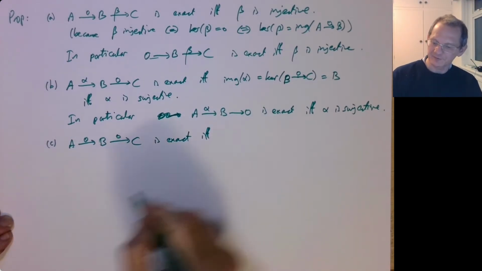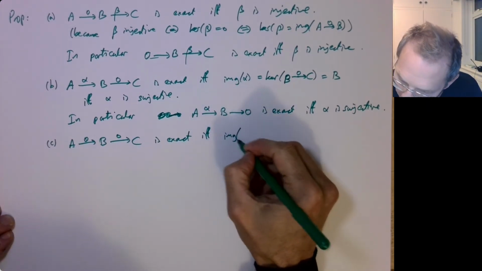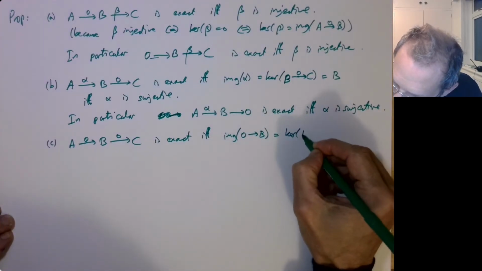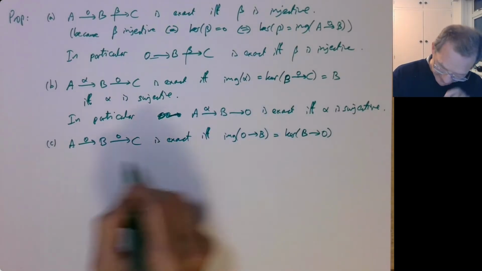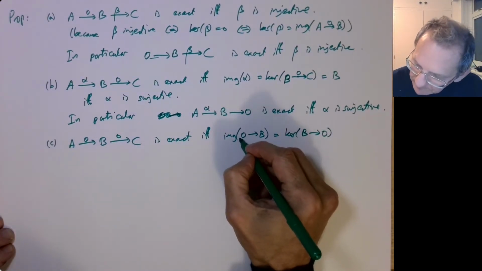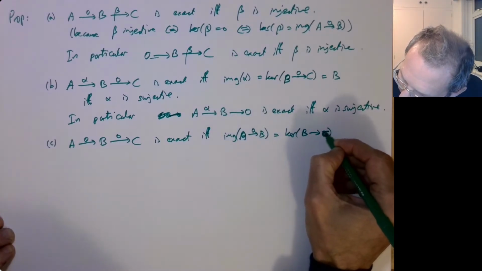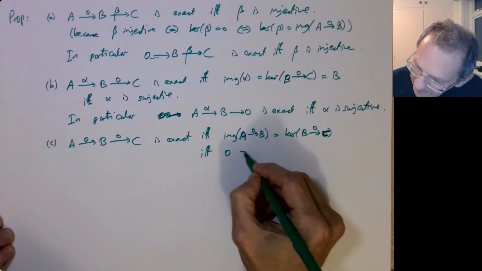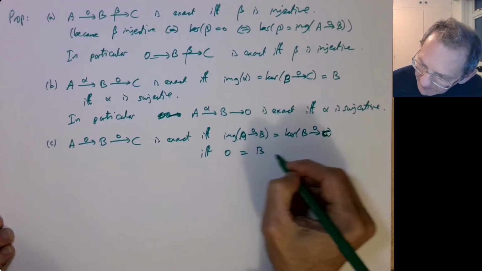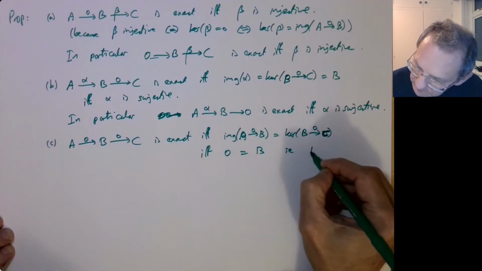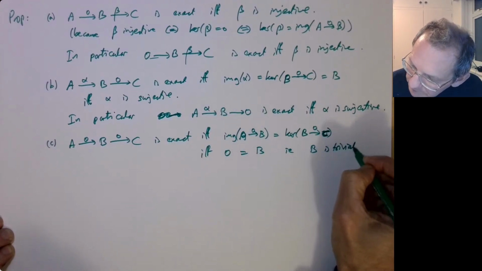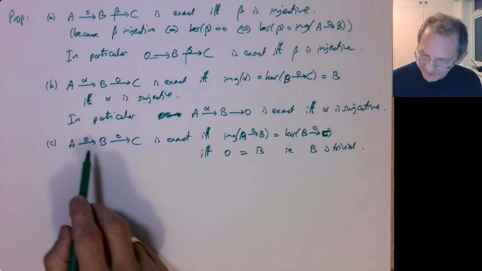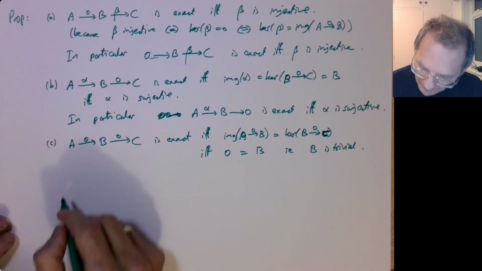Well, the image of this 0 homomorphism is 0, and the kernel of this 0 homomorphism is B. So a sequence like this, where both homomorphisms are 0, the only way it can be exact is if the group in the middle is the trivial group.